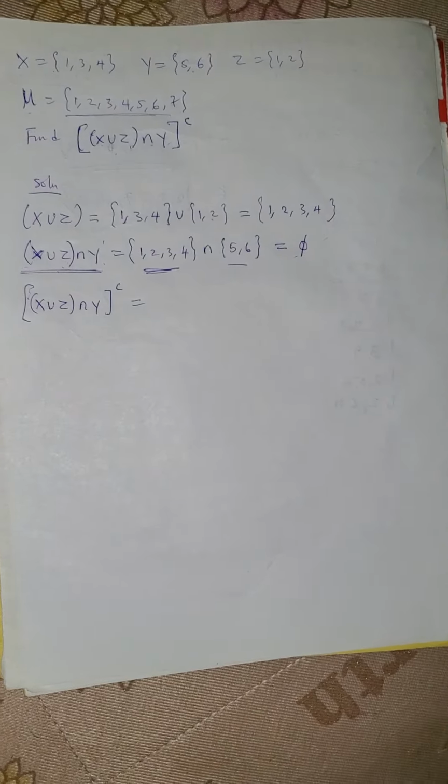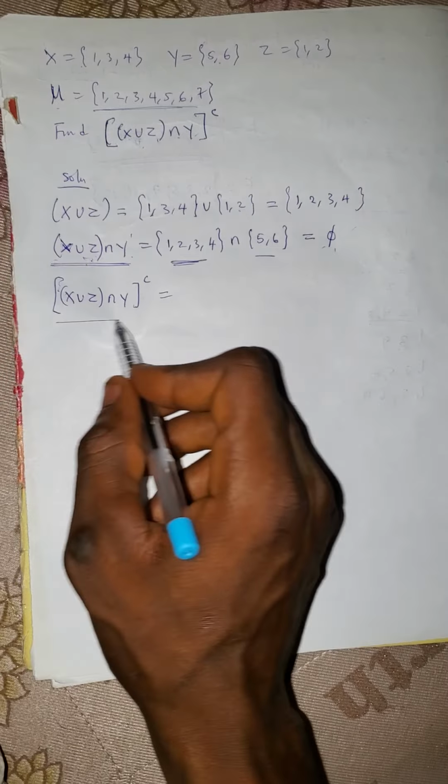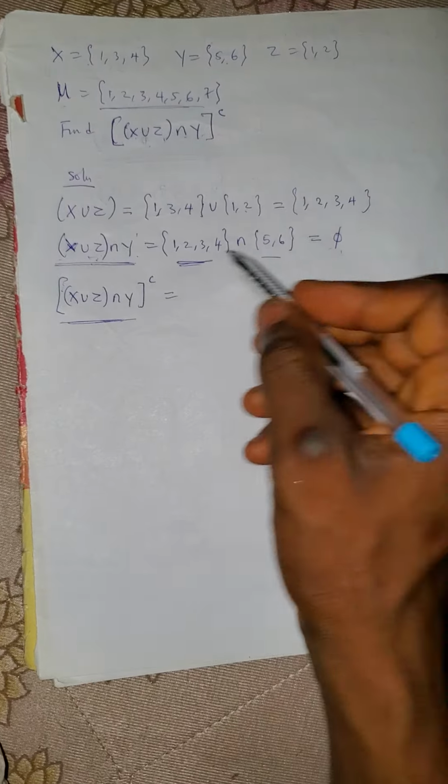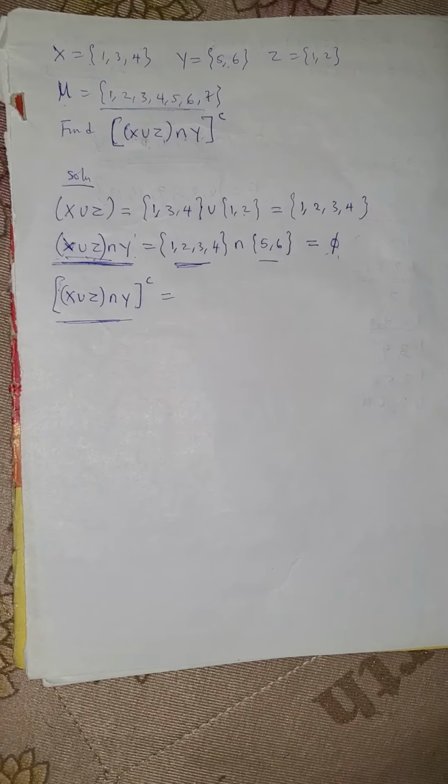It is the empty set. Now what are the elements in the universal set that are not inside this one, which is the question that they ask here. You can see that even the element inside this place is empty, so it does not contain any element.